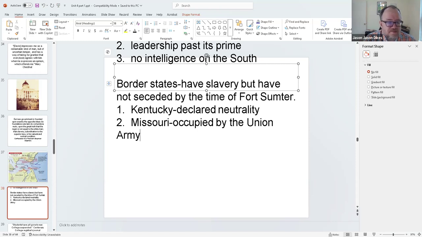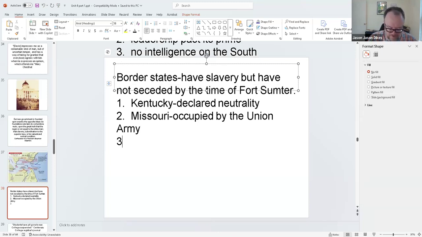That's what Missouri will become for about 5 years. Partisans, insurgency, counterinsurgency, guerrilla warfare. And a lot of people who will be seen out west after the war, like the James brothers and people like that, will have gotten their start in Missouri.